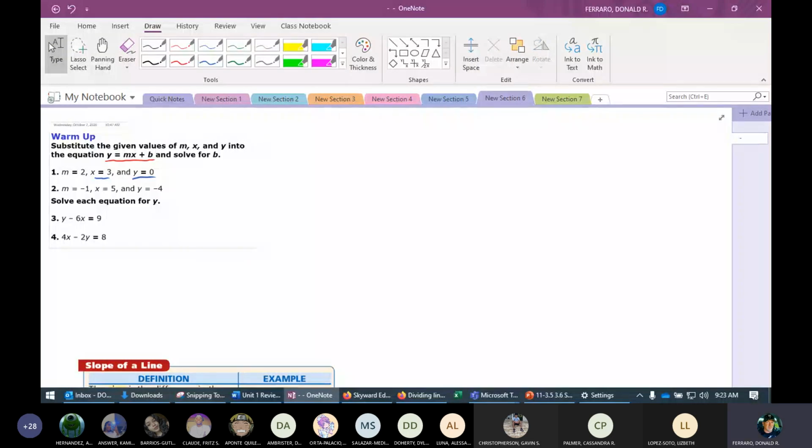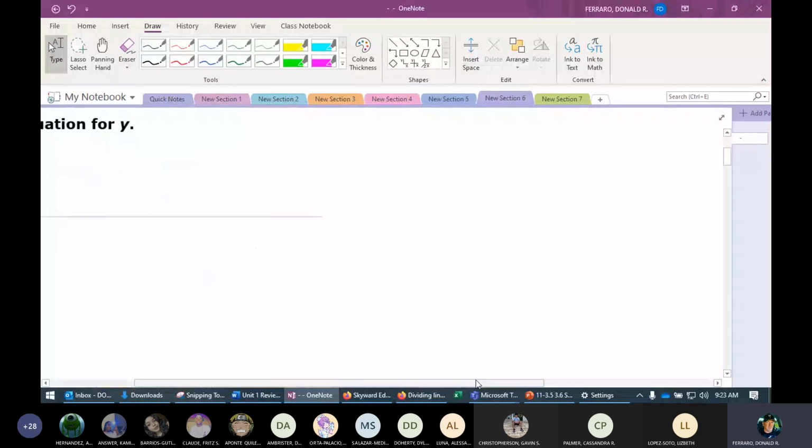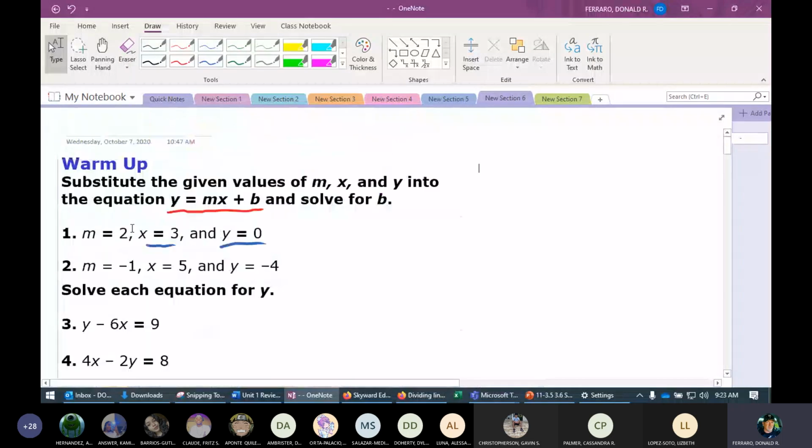Justin, what we're doing right now is this warm up, and we're substituting into the slope-intercept equation. The equation is right here. That's the slope-intercept equation, which you probably remember, y equals mx plus b, where m is the slope and b is the y-intercept. And Nieli, are you there? Yeah.